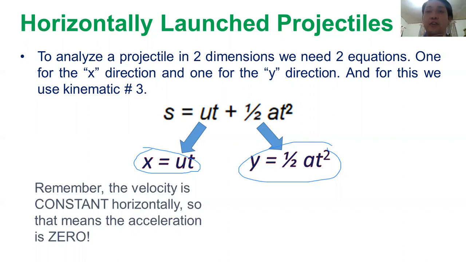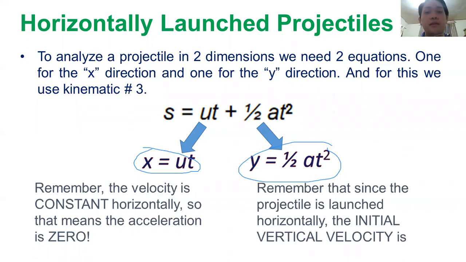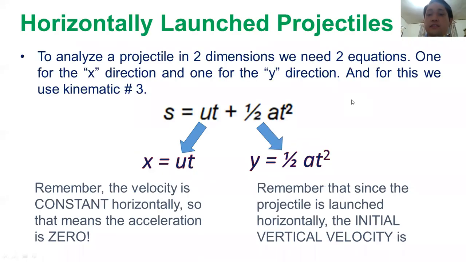So why is it that your y component has the equation y is equal to 1/2 AT squared? Because remember that since the projectile is launched horizontally, the initial vertical velocity is 0.